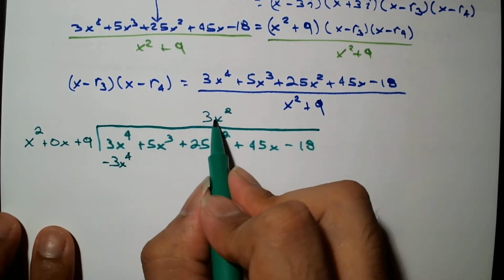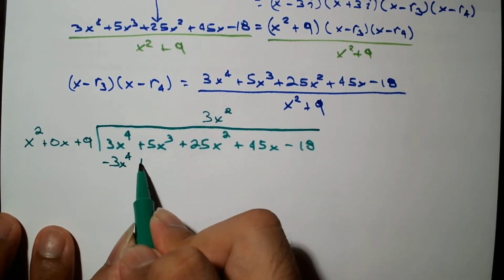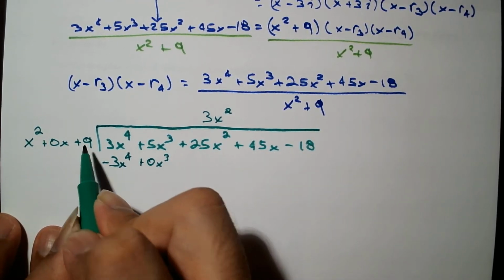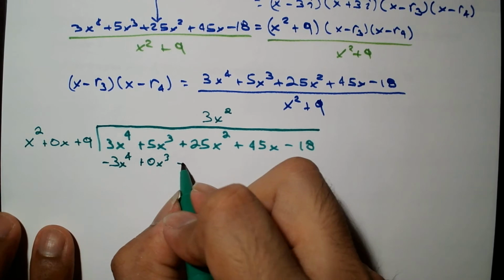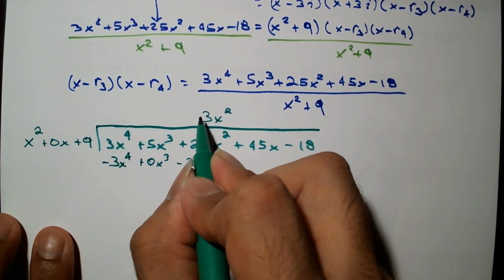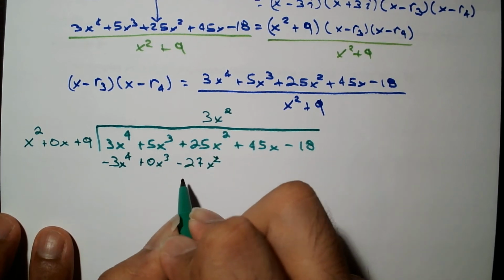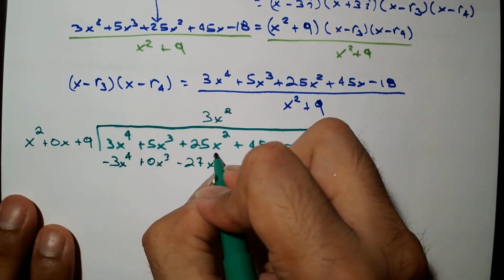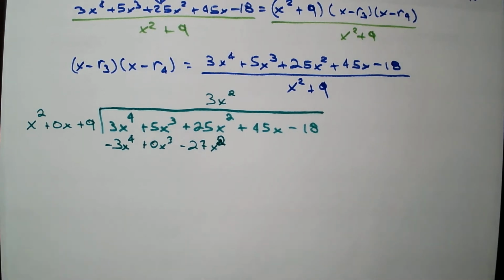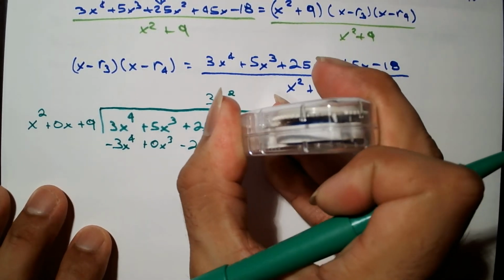All right, and then let's do the division. 3x squared times 0x is 0, x cubed. 3x squared times positive 9, that's negative 27x squared. Again, because the product of two positives is positive, we change that to negative.